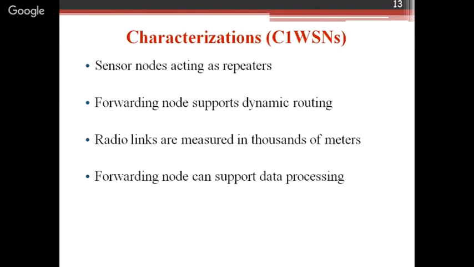Range is pretty high. In this kind of category, radio links are measured in the thousands of meters, and forwarding nodes also support data processing. That means while transmitting the data to the next nodes, they perform the processing task. They are going to reduce the data. I will give you one technique by which the data can be reduced in a more effective manner without affecting the originality of the data.